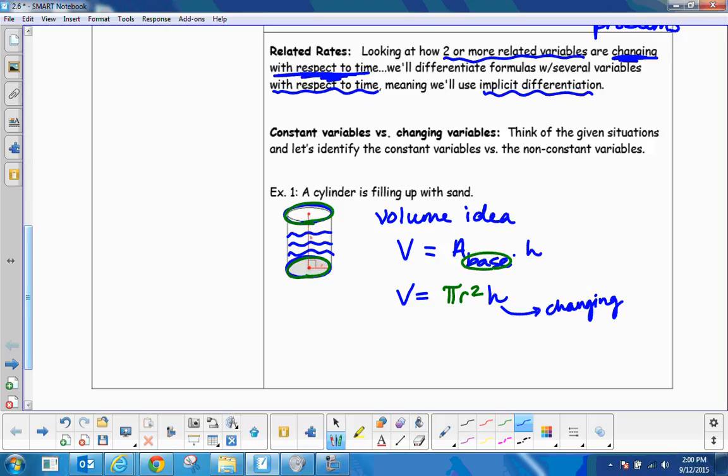But the radius, since it's a circle on the bottom and on the top, this circle is the exact same as this circle as far as size. Radius is always constant here. Doesn't matter how much sand is in our cylinder, the radius at all the different levels would be the same.